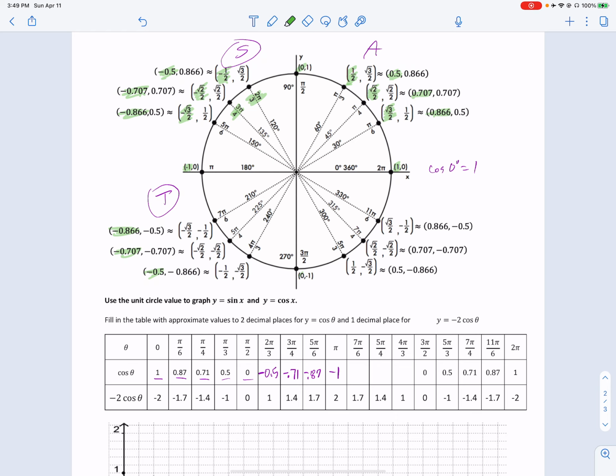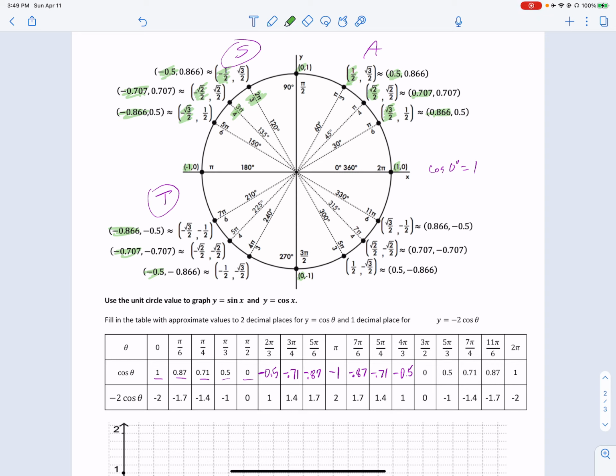And cosine of 270 or 3 pi halves is 0. Cosine's negative. It deals with x in quadrant 3, and x is negative in quadrant 3. So cosine of 7 pi 6, negative 0.87. 5 pi fourths, negative 0.71. 4 pi thirds, negative 0.5. And then we're to 0.